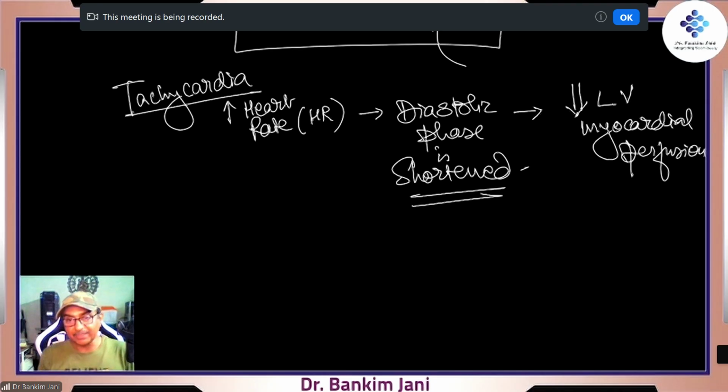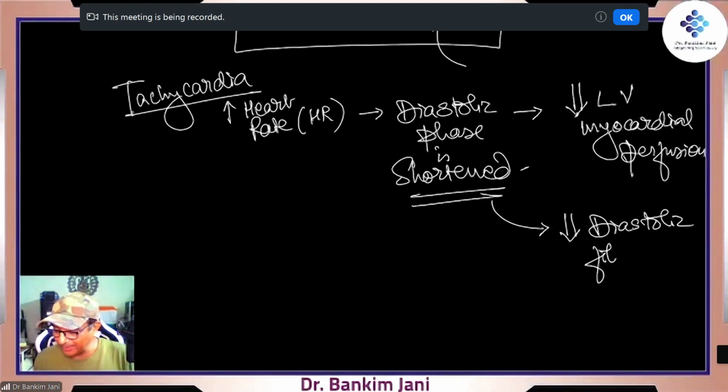So when this happens, two more things can occur. Diastolic phase is shortened, so left myocardial perfusion is decreased, but there is one more thing. Because you are giving less time, can we say there would be decreased diastolic filling time?